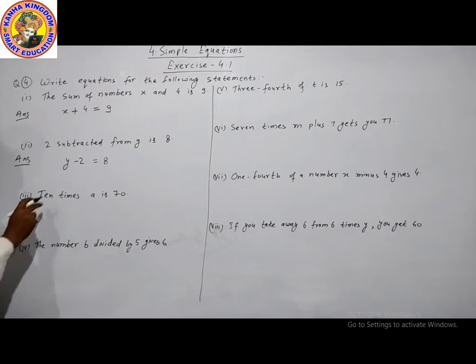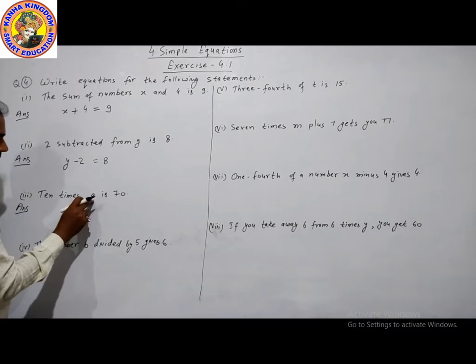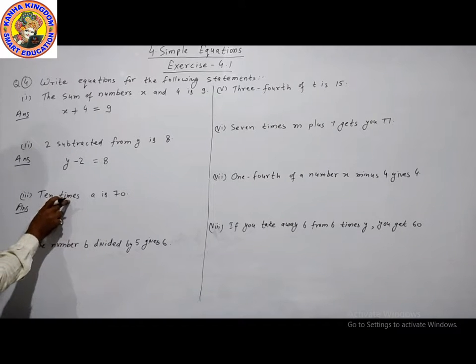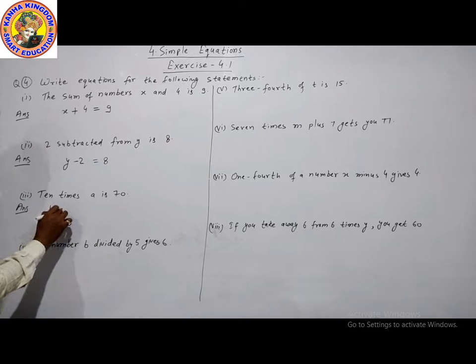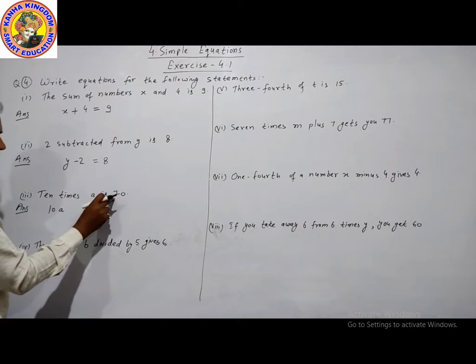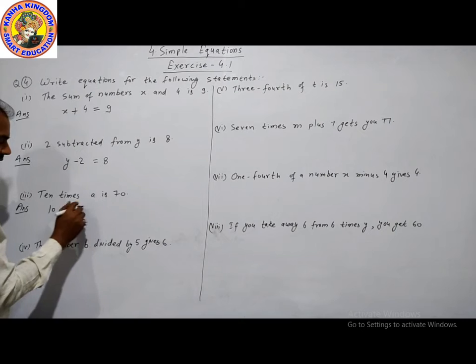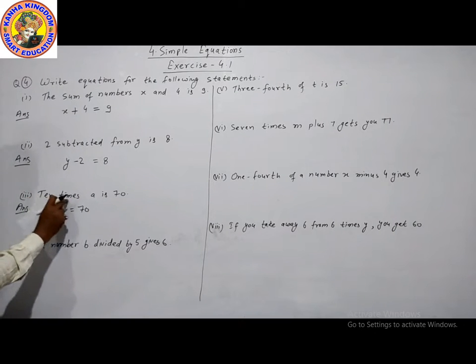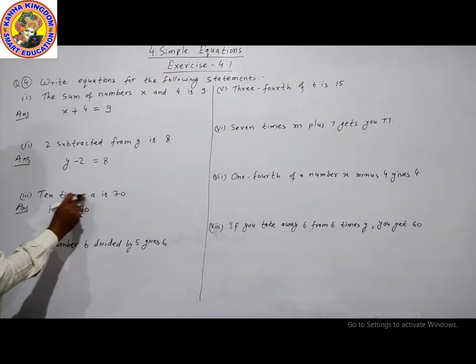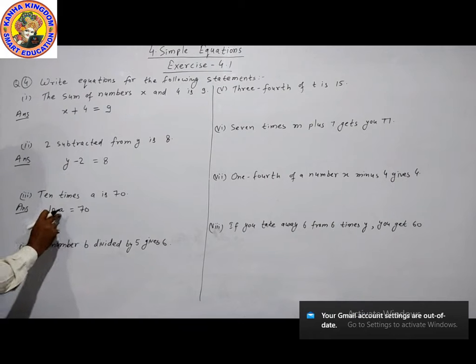Now the third one is 10 times a. 10 times means 10 multiplied by a. 10 multiplied by a is equal to 70.